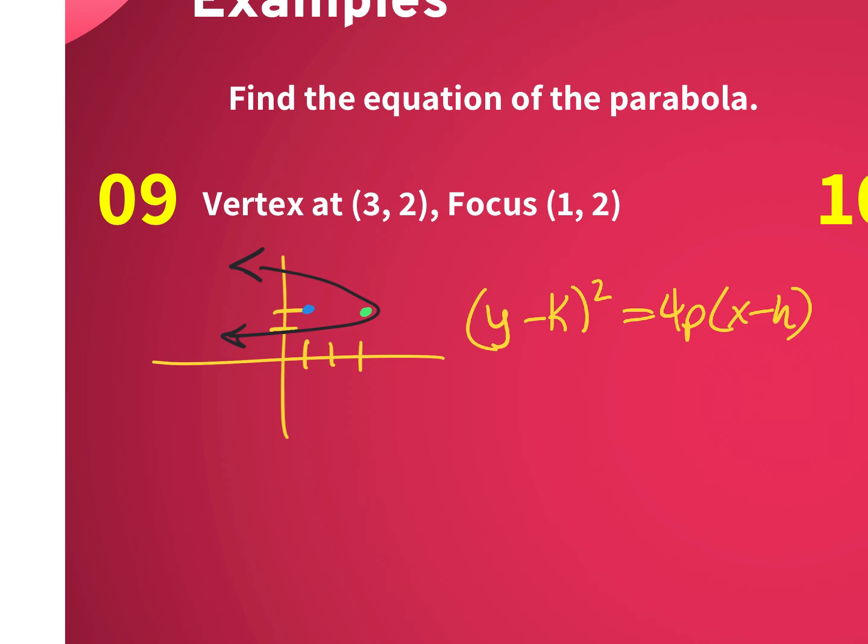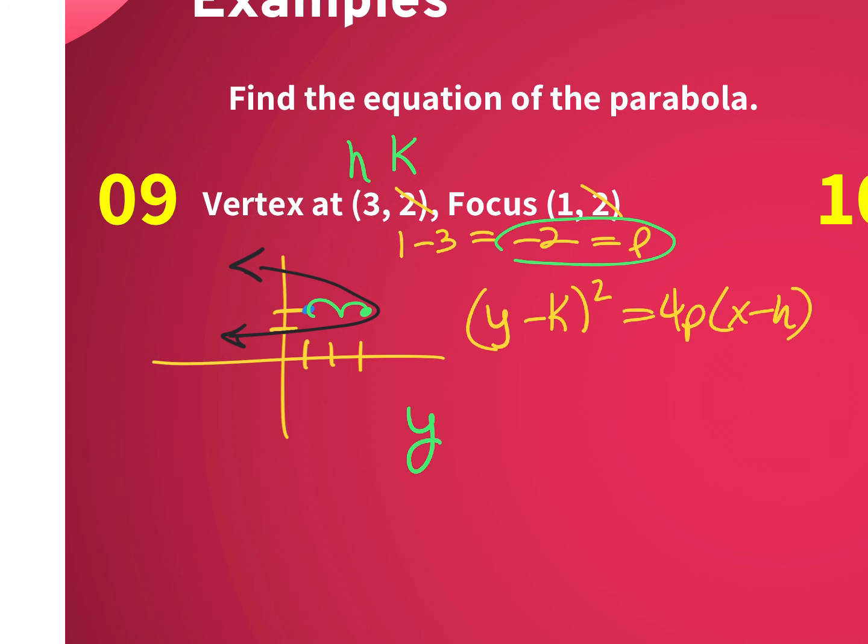So I need to figure out what the p-value is. Again, I could just subtract here and do 1 minus 3 and get -2 for my p-value, or count the spaces. It's 1, 2 spaces away, so p is -2. And again, my h and my k are right here at the vertex.